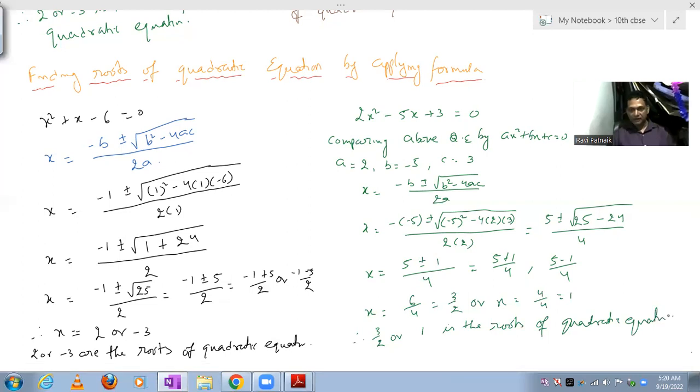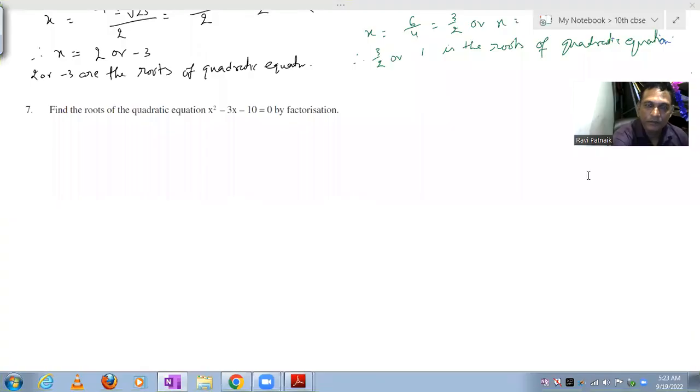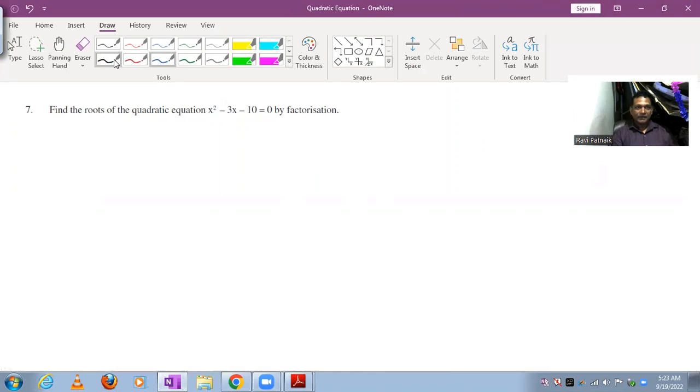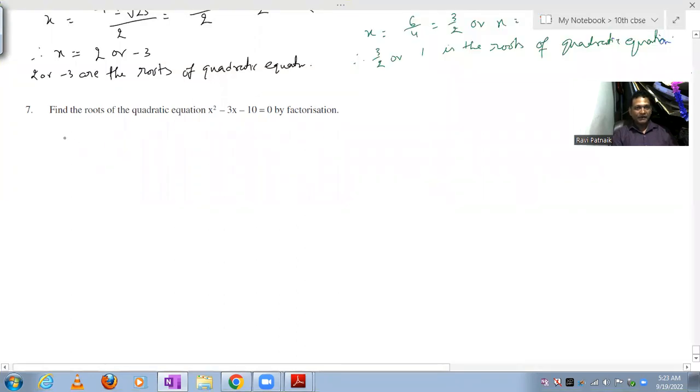So, got this? Sometimes they will give this type of equation to find the roots by factorization. He will mention factorization, which means you have to use the factorization method only. So just see here, the given quadratic equation is x square minus 3x minus 10 is equal to 0.